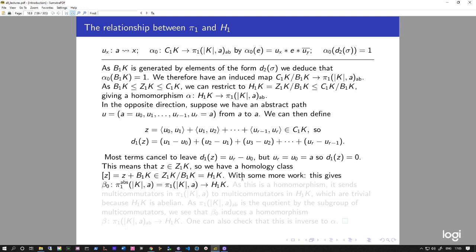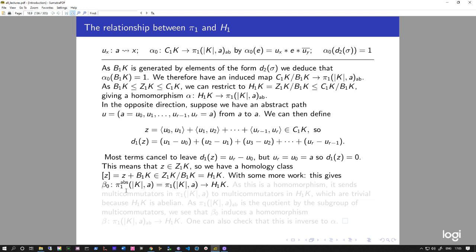I mean, this only works for abstract paths. You can have paths that wiggle around a lot and don't go along the edges, and they don't count as abstract paths, and it's not so clear what to do with those. Turns out there is a version of pi1, an abstract pi1. We proved this kind of thing for pi0, that abstract pi0 was the same as pi0.